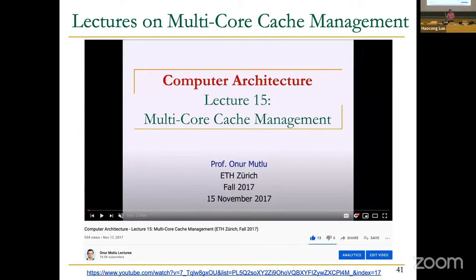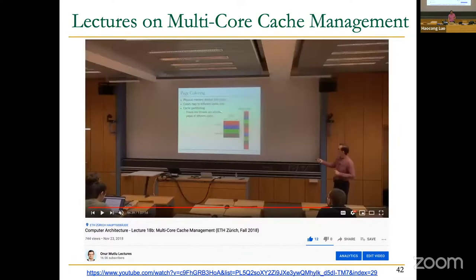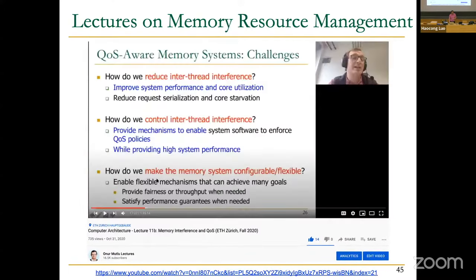And again, we don't have time to go over this. These are more advanced topics, but you can look at future slides or take courses, etc. Actually, there's a lot more over here. I don't have time to cover, but these issues exist whenever you have shared resources. And in modern systems, resources inside the core are shared across threads.